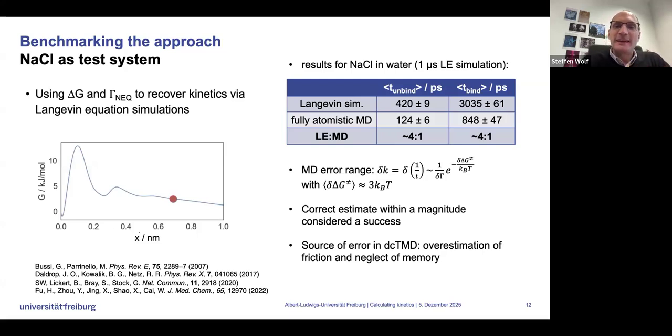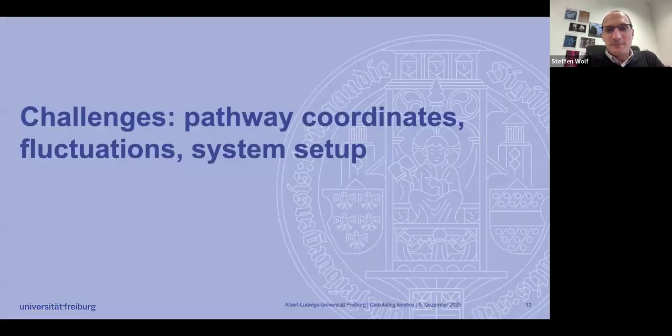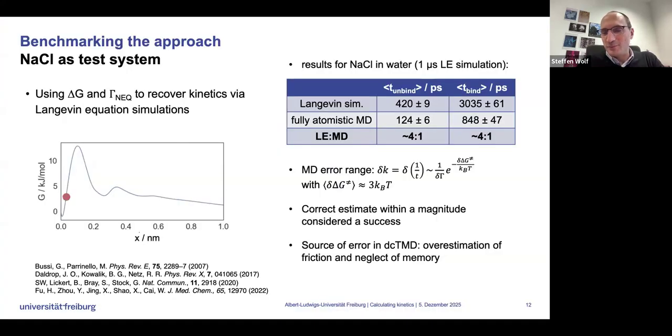So we are always overestimating the rate, so we are too slow, essentially. This looks very good, so we know roughly from our benchmarking systems what the error ranges are, and we know the theory and how to employ it.